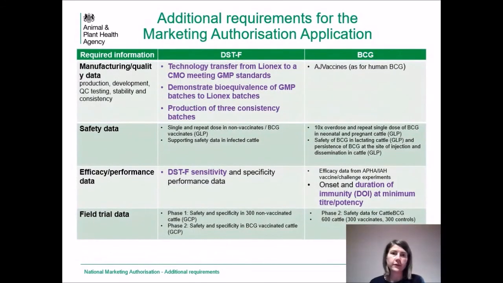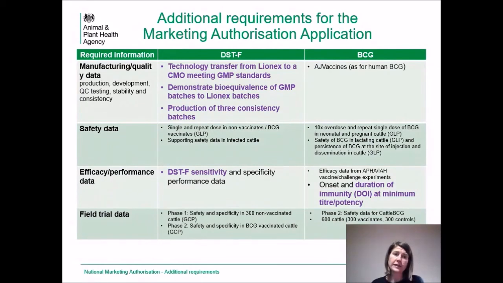This table is really just to show that for the marketing authorization application, we already have most of the data, which was part of the animal test certificate application. In addition, we'll have to provide more data for DSTF, quality data as discussed on the previous slide, and the data on the DSTF sensitivity study and the duration of immunity data.